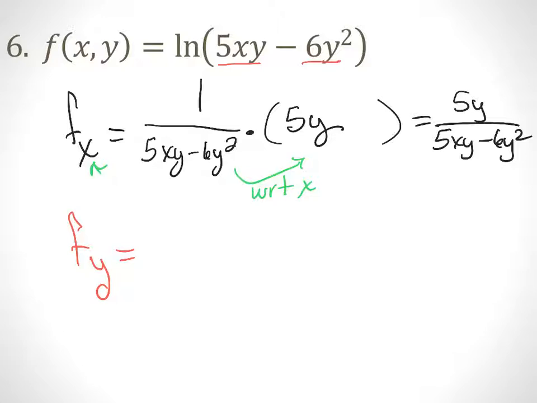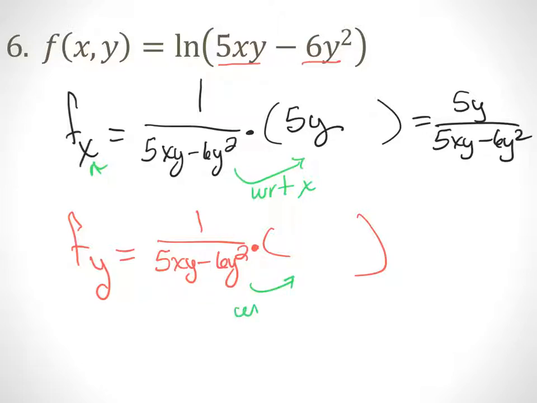Now there's a y in both terms of the expression inside the logarithm. The derivative is still 1 over what's inside, so you rewrite everything that was inside. Do not take a derivative in this step. You're just taking a copy of what's inside the logarithm. Now we need to take the derivative of what's inside here with respect to y.